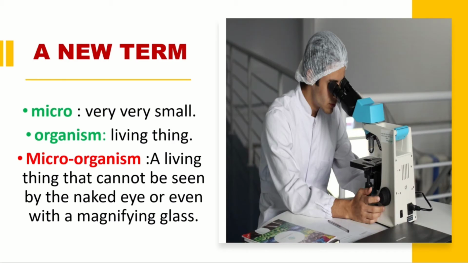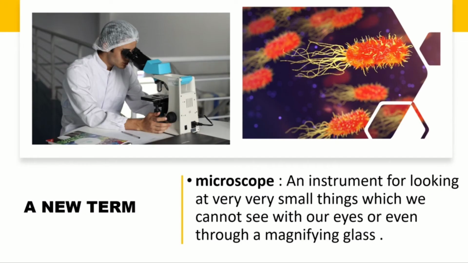We can see these microorganisms with an instrument called a microscope. A microscope is an instrument for looking at very, very small things which we cannot see with our eyes or even through a magnifying glass. So, the instrument called microscope is used to see these small microorganisms.